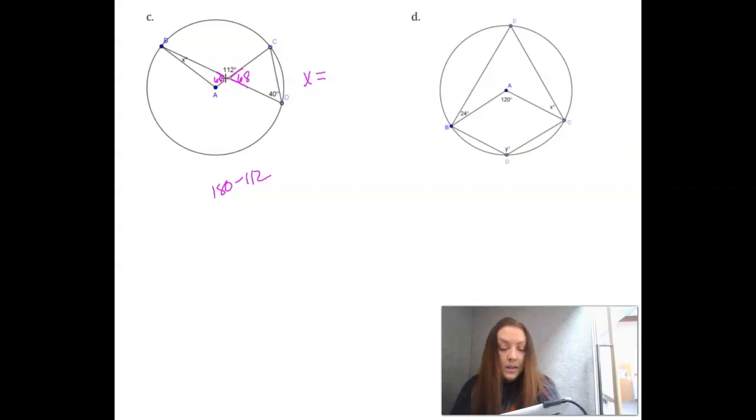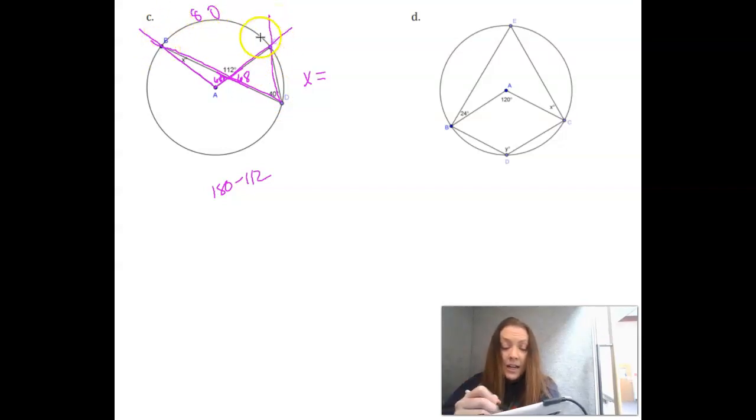Let's see. Well, if we want to find X, I know I have a triangle. I need to find this central angle, but this central angle intercepts arc BC. Well, this angle, which is inscribed, also intercepts arc BC. So if this inscribed angle is 40, that means the arc is 80.